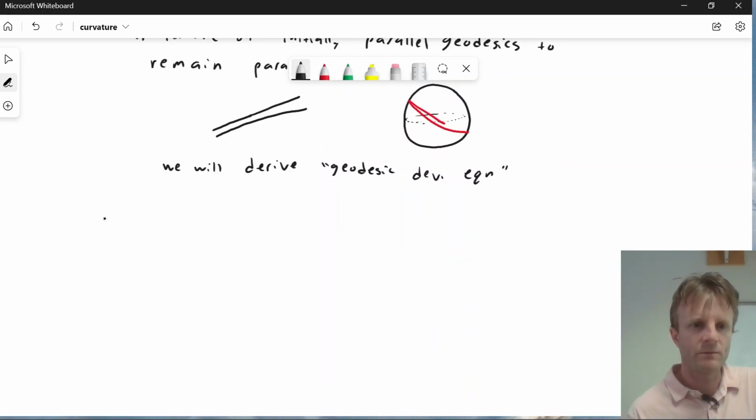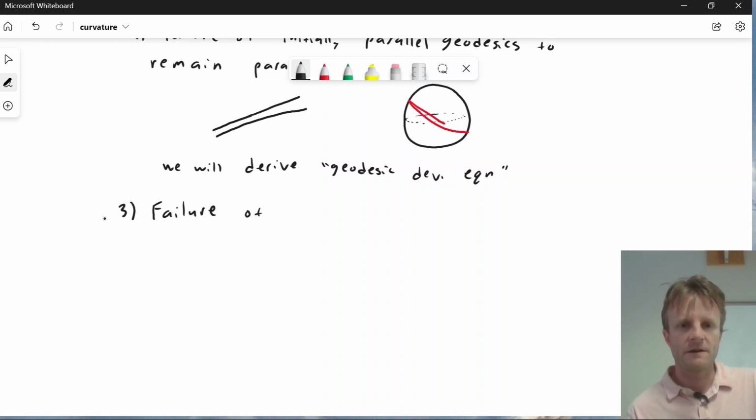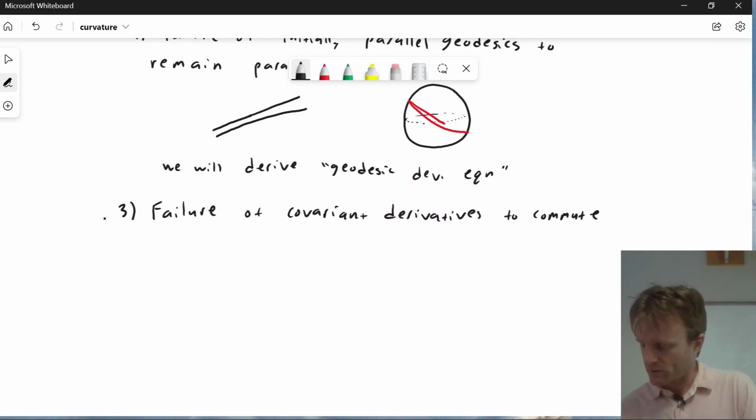All right, and the one we will use to define the Riemann tensor is failure of covariant derivatives to commute. So we took a torsion-free assumption, which said that covariant derivatives commute when acting on scalars, but when acting on higher rank tensors, they won't.